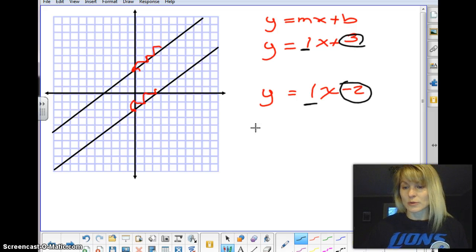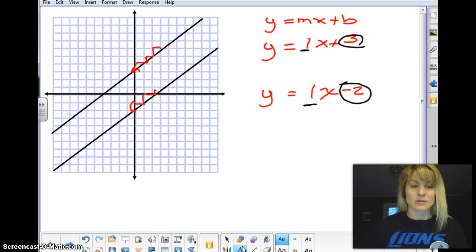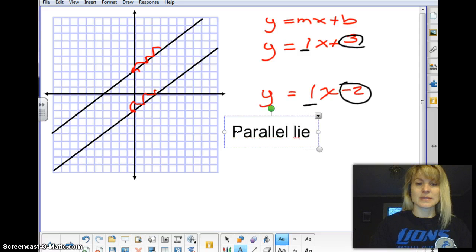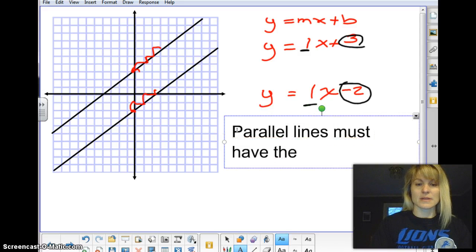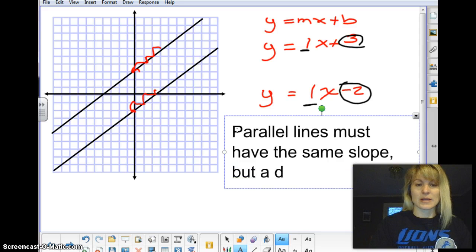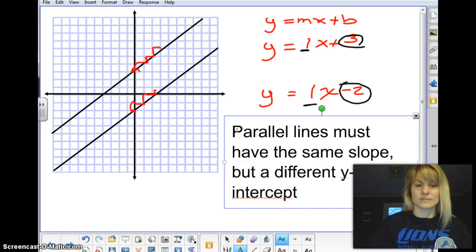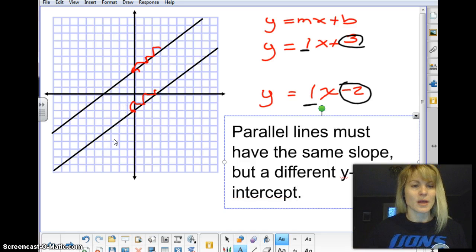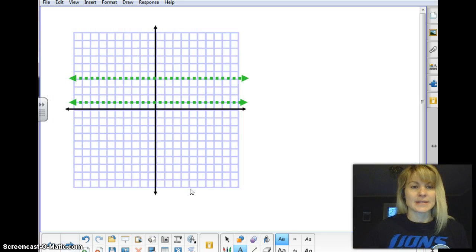So for my rule here, we need to know, parallel lines must have the same slope, but a different y-intercept.